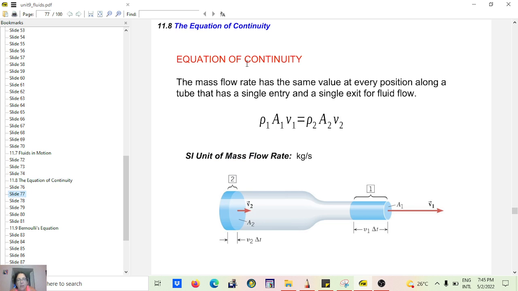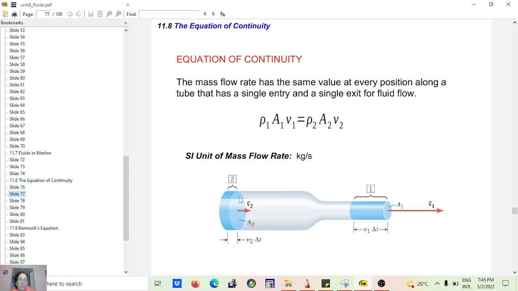So this is called the equation of continuity. It means if it's a steady flow and if the density stays the same, then the amount of fluid going through that cross section during a given time will be the same as the amount of fluid going through this cross section during the same time.